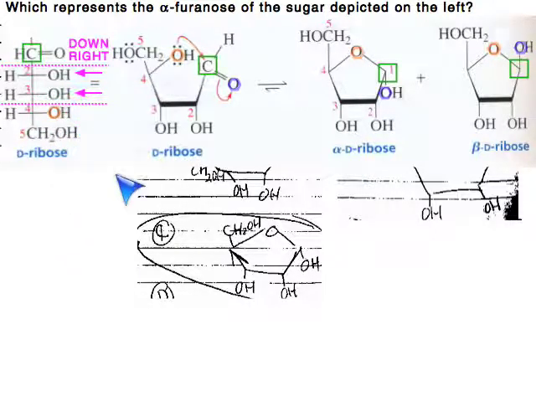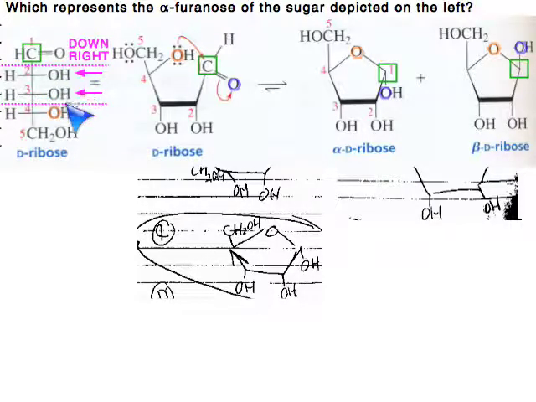Now, in order to determine where these two hydroxyls are going to be, we're going to have to use the rule down right. Once you make a cut from the oxygen that cycles around and creates the ring, whatever's on the right will be down.